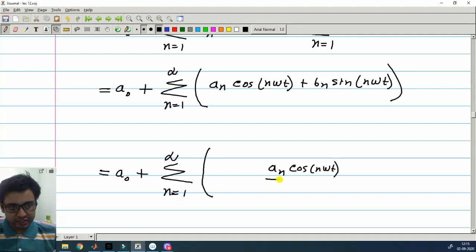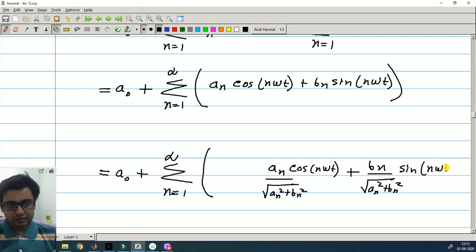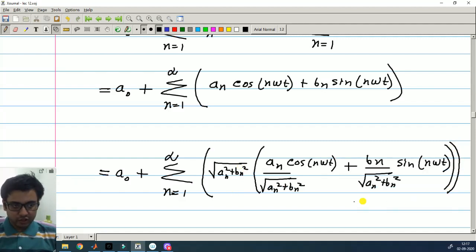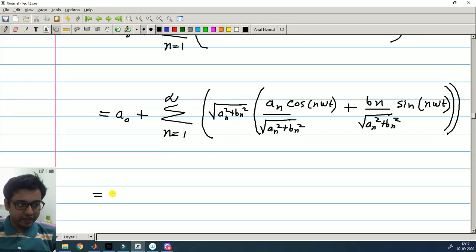So divide this with root over an square plus bn square, and this term also divide it with root over an square plus bn square, and then multiply it with root over an square plus bn square.